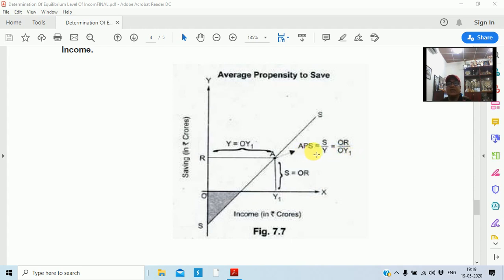So APS at point A is S by Y, where S is equal to OR and Y is equal to OY1. This is how you will explain the concept of APS with the help of a diagram. First, you will draw a saving function. Initially savings is negative, 0 and positive, and then at any point you can calculate the saving and the income, that equals APS.